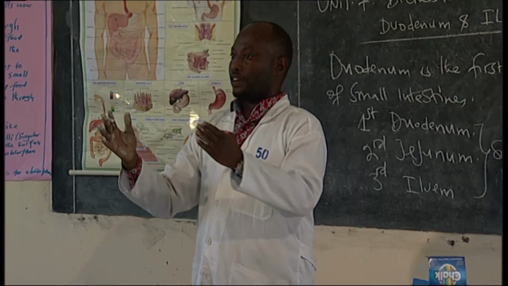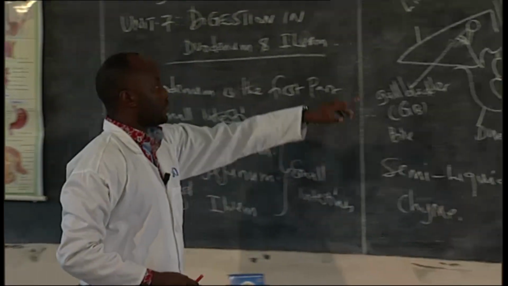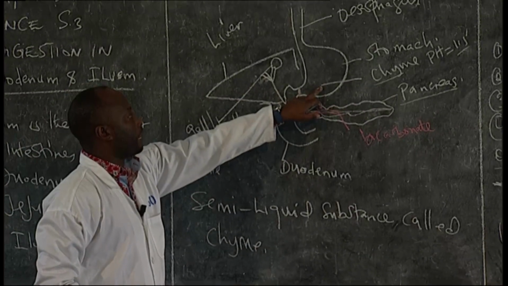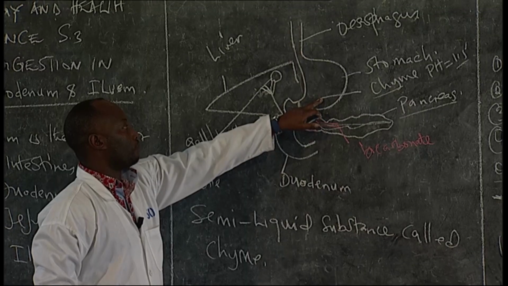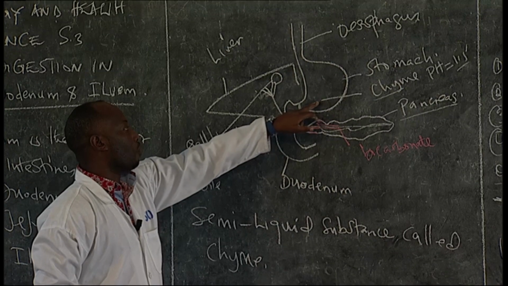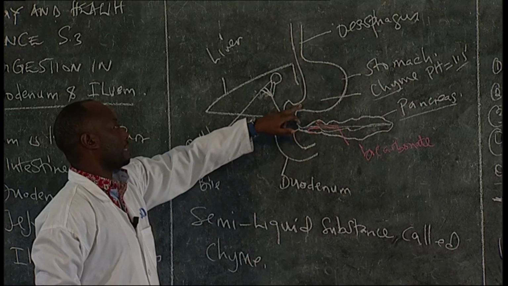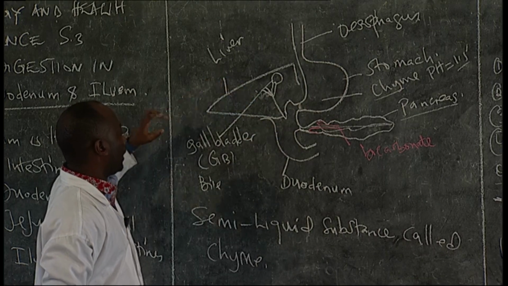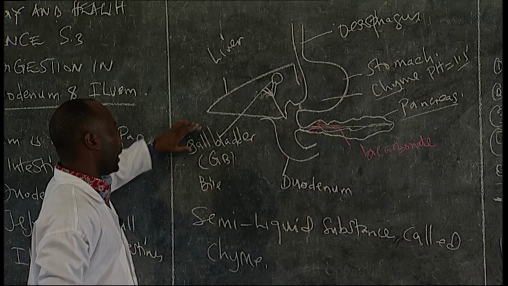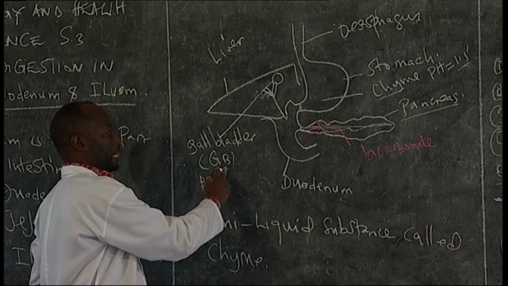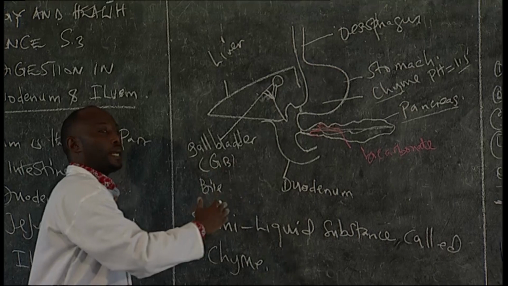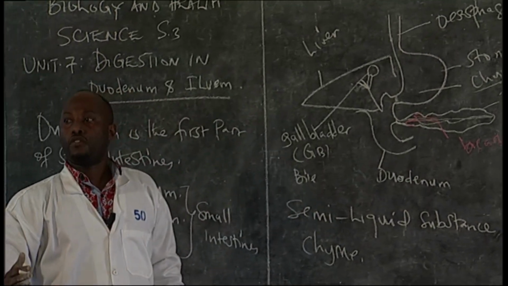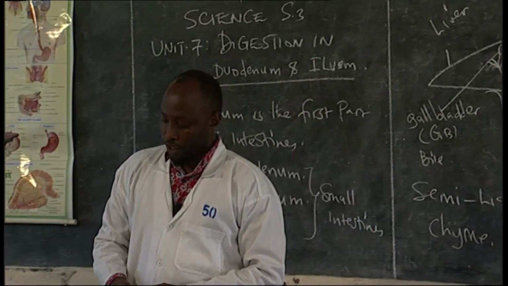Once these fats, found in the chyme, are released, they have to be broken down into small droplets so they can dissolve in water, and that is normally done by the gallbladder, which releases the bile. Bile plays a very important function in emulsification of fats.